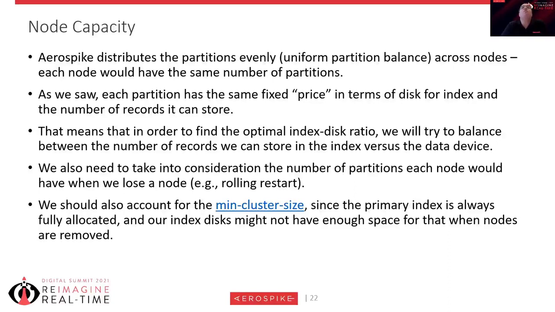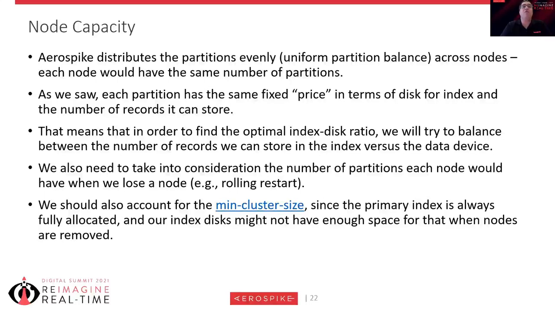That means that in order to find the optimal index size ratio, we need to balance the number of records and index at the same time. Please use the SA team to assist you with that, because there are other considerations as well when doing that. For example, what would happen when we lose a node, and how to prepare for background operations, which we'll talk about in a minute.